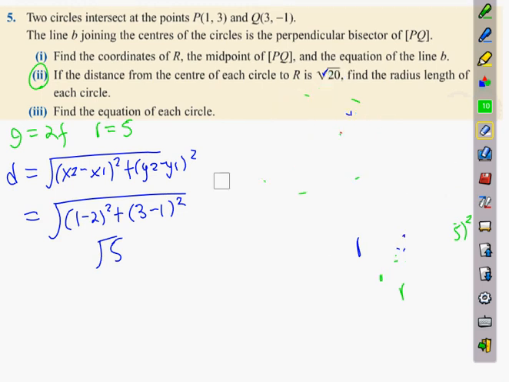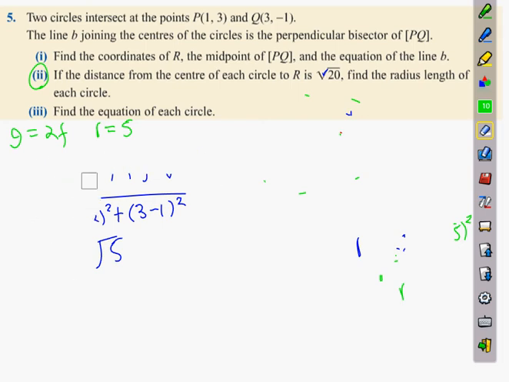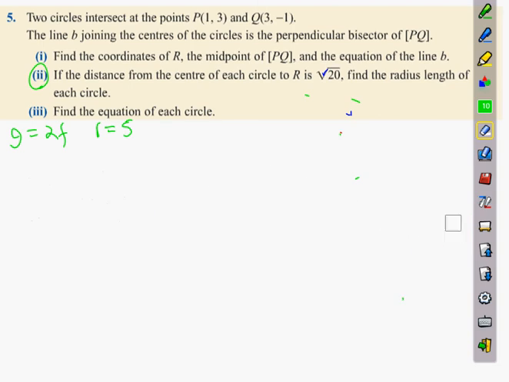Okay guys, it says 2 circles, not 1, correct? So this exercise gives me a hint. This exercise is all about using the radius formula. So the radius formula is root g squared plus f squared minus c, correct?